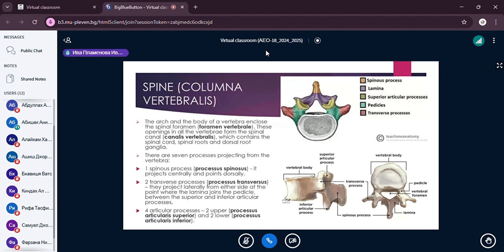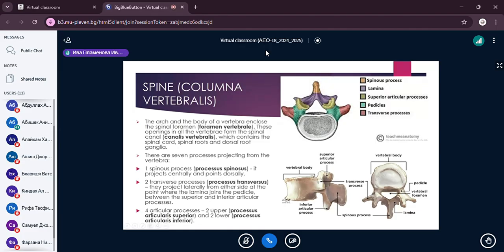We have 7 processes projecting from the vertebra. We have 1 spinous process, or processus spinosus, 2 transverse processes, in red here, and 4 articular processes, 2 upper and 2 lower.